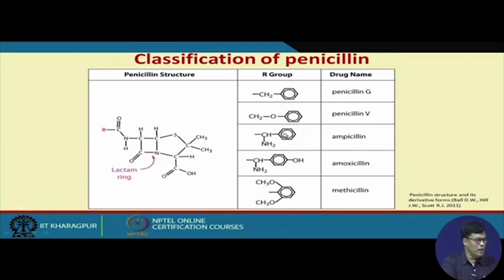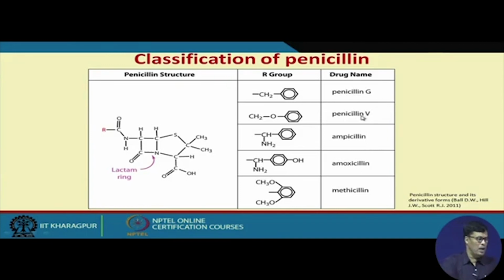So we have different types of R groups present there, and different types of antibiotics, but all are in the penicillin group, because all have the beta lactam ring. So these are penicillin G, penicillin V, ampicillin, amoxicillin and methicillin. Largely we use penicillin G and penicillin V, because from penicillin G we produce ampicillin and other antibiotics.